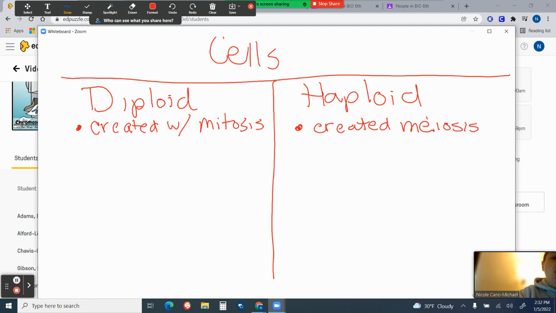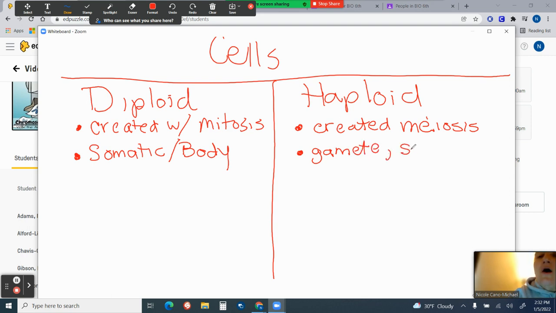Now, the diploid cells have a couple of different names. The diploid cells we sometimes also call somatic cells. Sometimes we call these body cells. Haploid cells also have a couple of different names. Sometimes we will call a haploid cell a gamete.